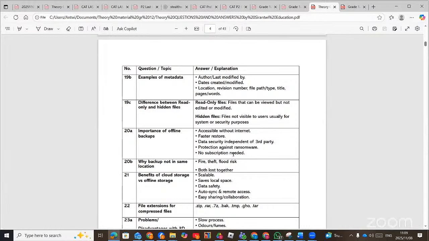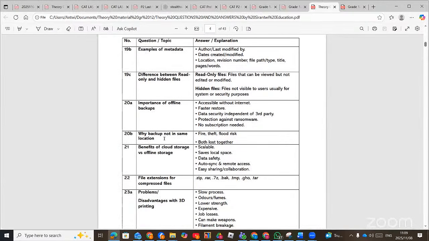Keywords are very important. Why is backup not on the same location? Because of theft, or maybe your computer might crash or others, so you don't put it in the same location. Benefits of cloud storage: scalable, it saves space on the local device, data safety, easier sharing and collaboration.